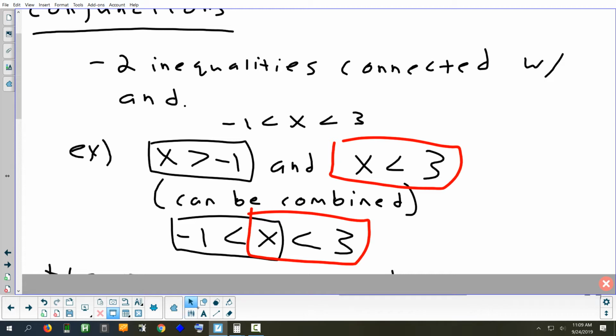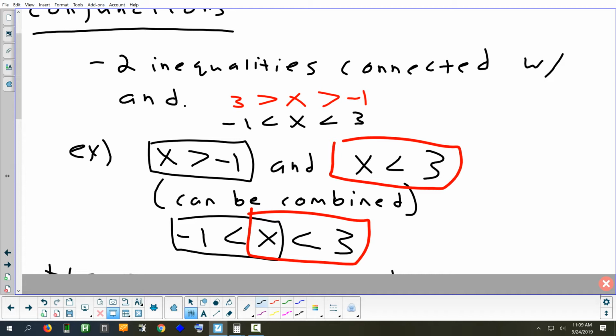Let's combine those 2 together a different way. We could put the x in the middle. Or we'll just give it a little break. So yeah, we could put the x in the middle, or Derek, what were you going to say? So it's going to be 3 is greater than x, and greater than -1.